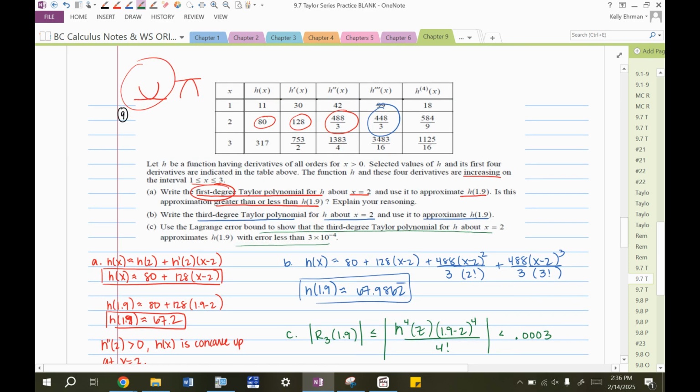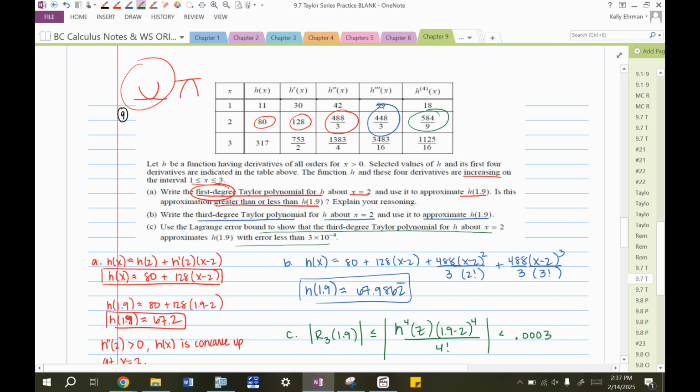The max value for the fourth derivative that we're supposed to use is, let's see, we're still centered at 2. We don't want to use the one for 1.8 or 3 because we're only going between 1.9 and 2, right?